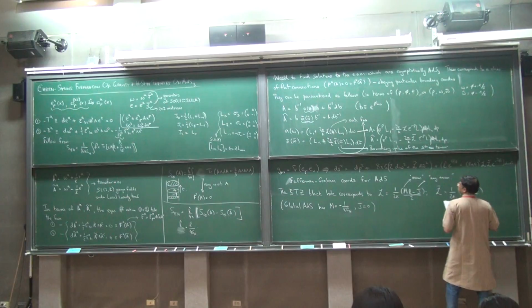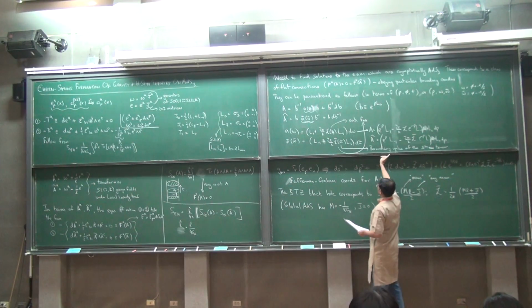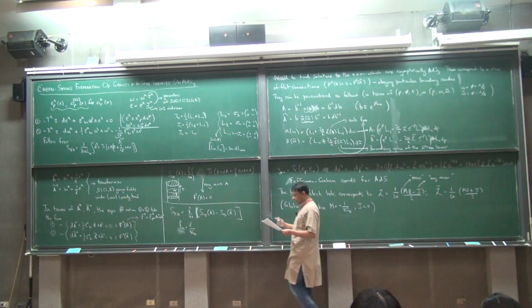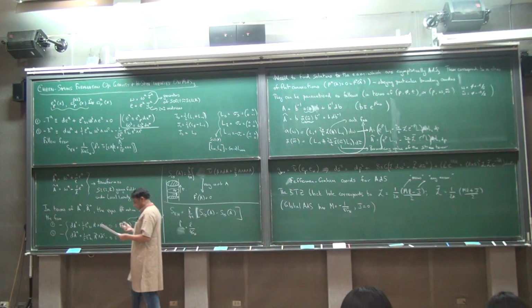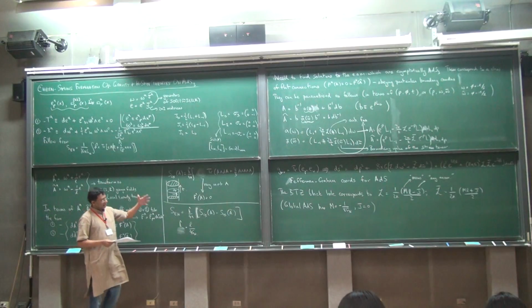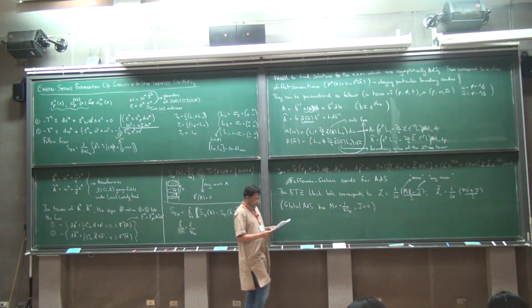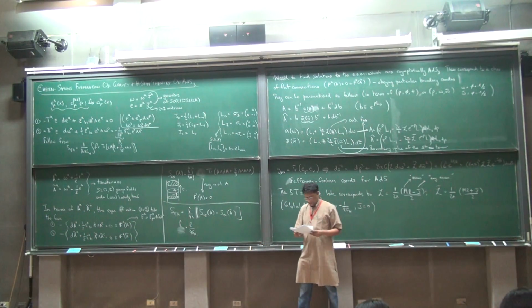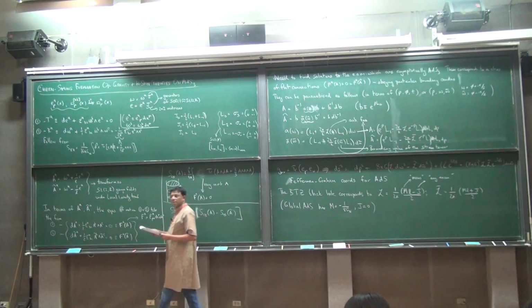So this L and L bar both correspond to the holomorphic and anti-holomorphic stress tensor, which is a signature that you have a sort of CFT, and these are the corresponding stress tensors. Okay, any questions about this?